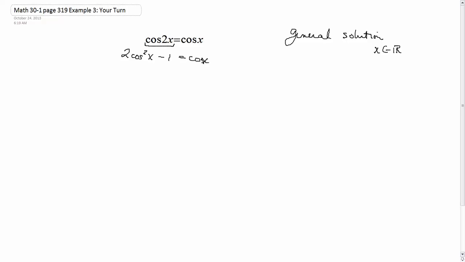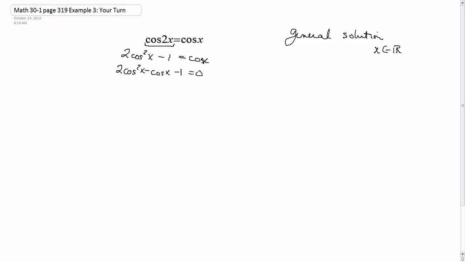And I've made that choice because I can see that this will turn into a quadratic equation. I bring the cos x over, so I subtract cos x from both sides. So I have 2 cos squared x minus cos x minus 1 is equal to 0.